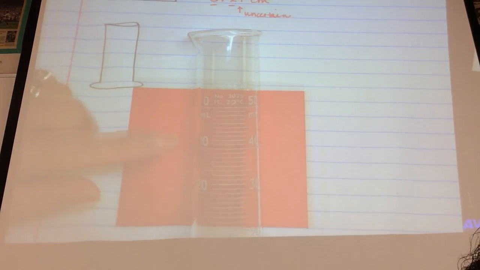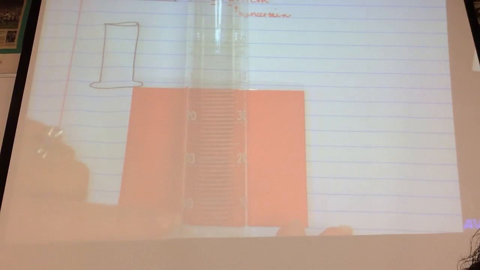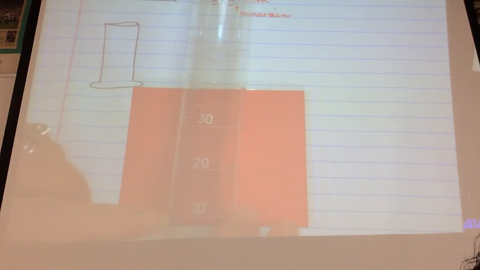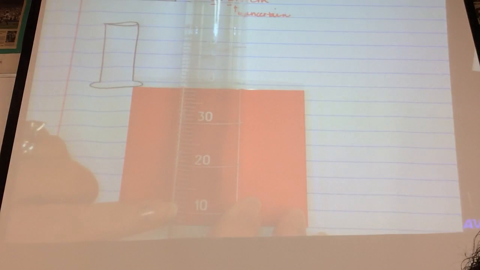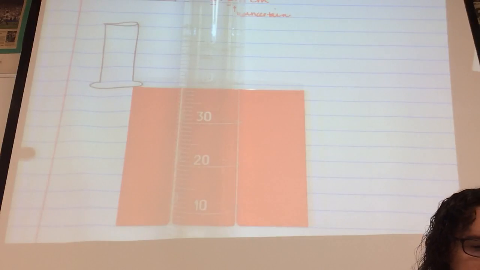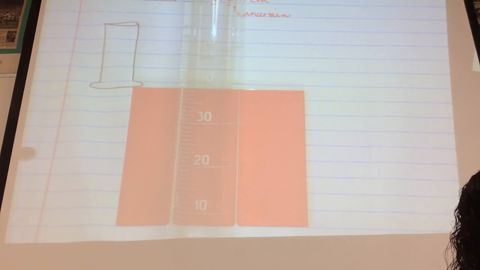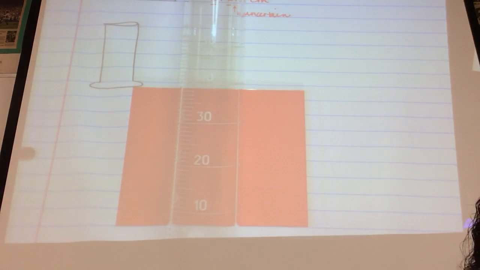You can see here as you're going upward, for example, if this is the 10, you've got 11, 12, 13, 14, 15, etc. So the graduated cylinder reads to the ones place. So that means you have to record to the 10th place, 1 more digit than what you can read.